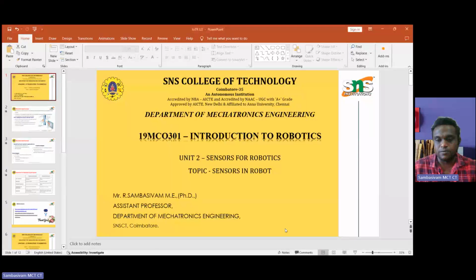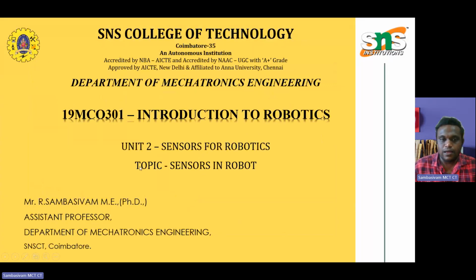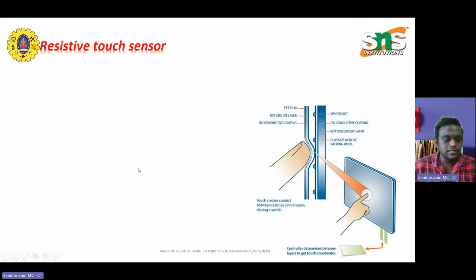When I say resistive touch sensors, these are based on the resistance to an electrical disturbance. So, as I said, these are sensors where the resistance is taken into consideration. The resistive sensor is one of the types of sensors that function based on change in electrical resistance.